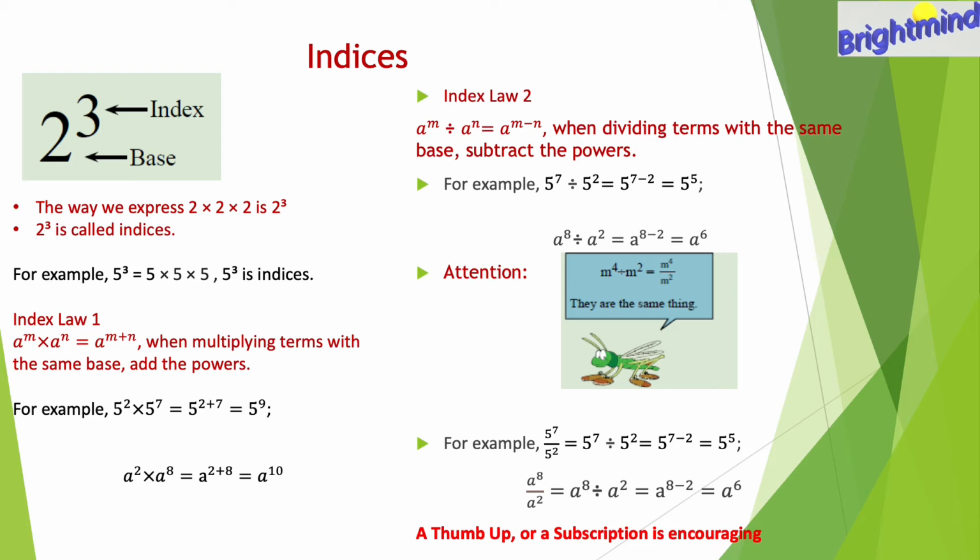Another example, a to the power of 8 over a to the power of 2. It equals a to the power of 8 dividing a to the power of 2. So we keep the base a, subtract the powers, 8 minus 2 equals 6. The final result is a to the power of 6.